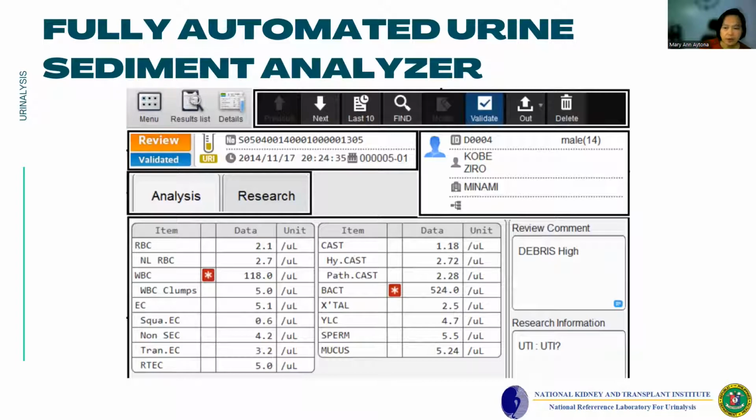You have the following: RBC, WBC, epithelial cells, cast, either hyaline cast or pathologic cast. You have bacteria, crystals, YLC, sperm, and mucus. You also have a side comment and other information like if the patient has UTI.